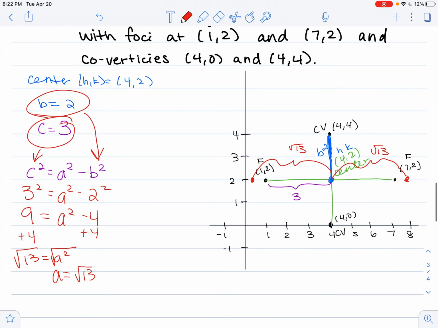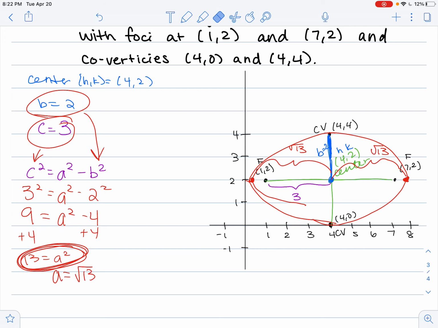So here's what we know. Oh, and actually, back up. Hold on. If we go one step back here, remember how this said A squared equals 13? That's amazing because that's all we really need to know. So if I plug this in and I know that this is my vertex in red, co-vertices up here, this is a horizontal ellipse.